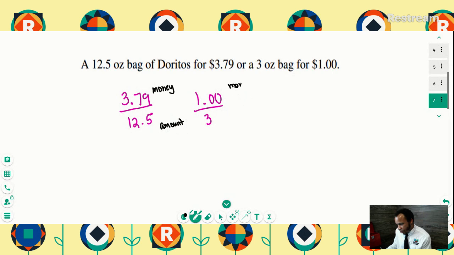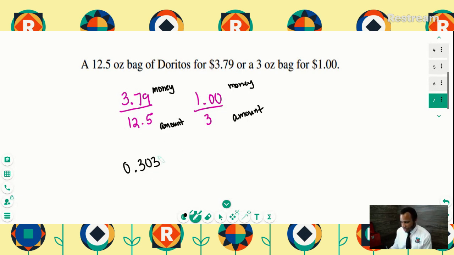So what we can do is, once again, using our calculator, you have 3.79 divided by 12.5. And what that gives you is 0.303.